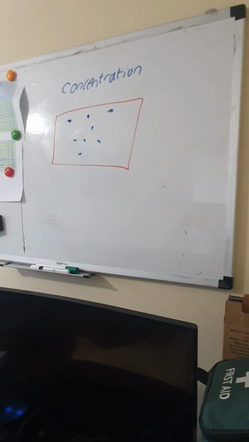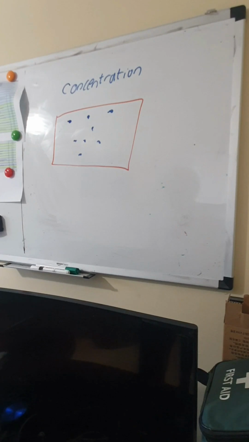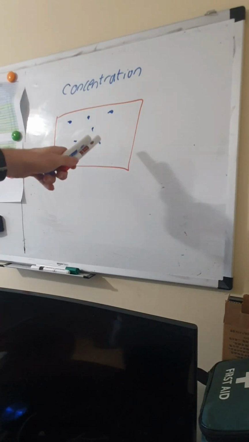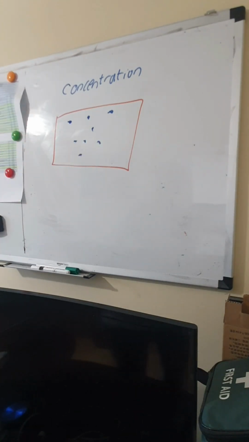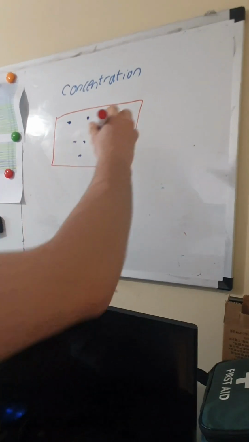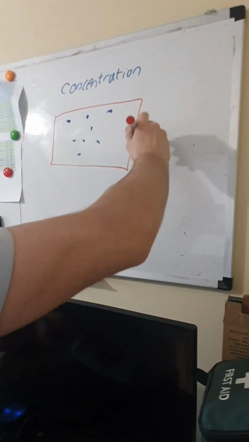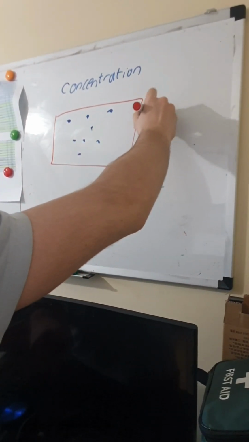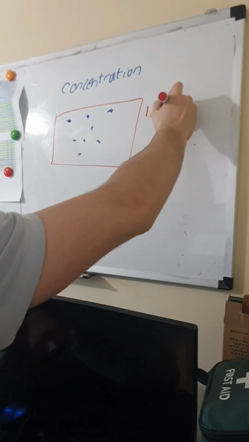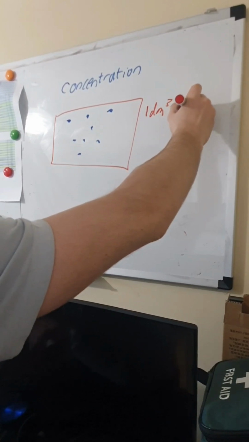And we're asked the concentration of this. Now let's say this is 3D, and let's say that this is 1 litre, so it's 1 decimeter cubed. 1 decimeter cubed equals 1 litre.